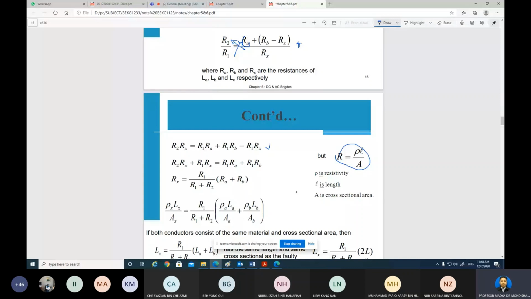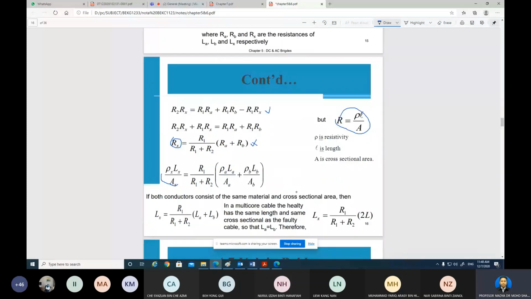After cross multiplying, at the end we can get like this, because we want to calculate Rx here. Then we substitute Rx, so all the Rx will appear as rho x multiplied by Lx divided by Ax.